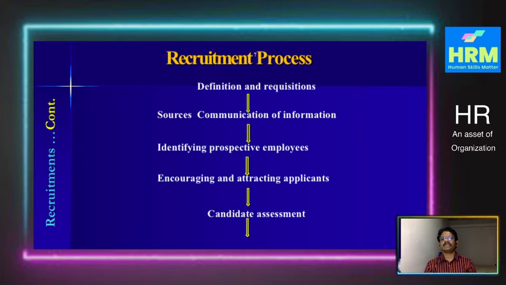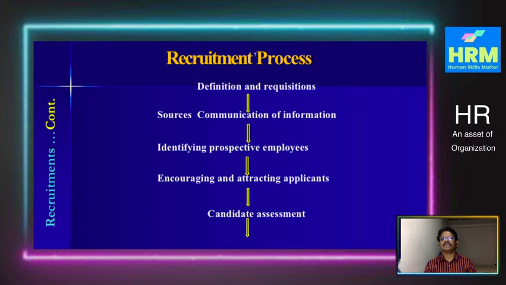We look at the information we receive from the different departments: vacancies, notifications and requirements. Based on that, we identify the prospective employees by using recruitment. Then comes attracting the applicants, and then assessing the candidates and their applications. This is the way you can see the process. Then the selection starts.